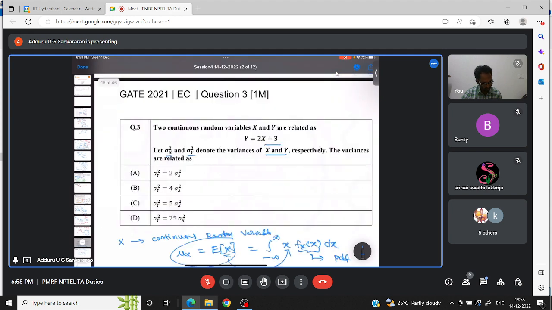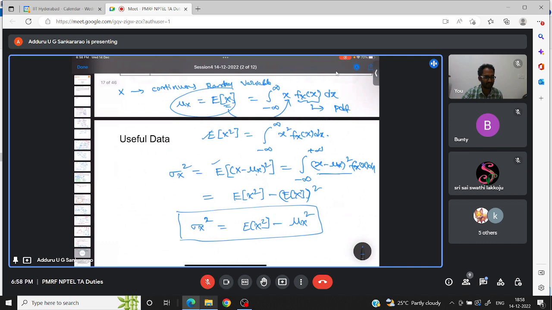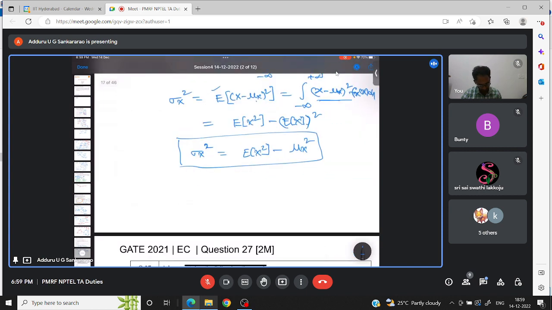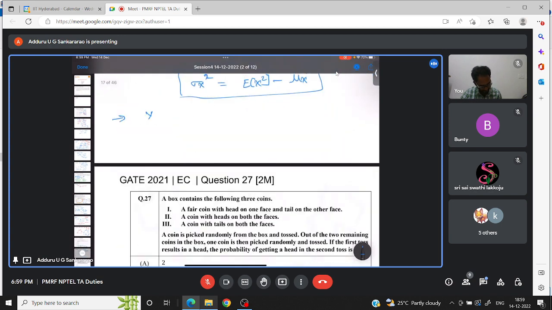Okay, so here some properties of mean and variance are there, which you can see later, but they are simple, so I don't want to explain them. Y is given as 2x plus 3.